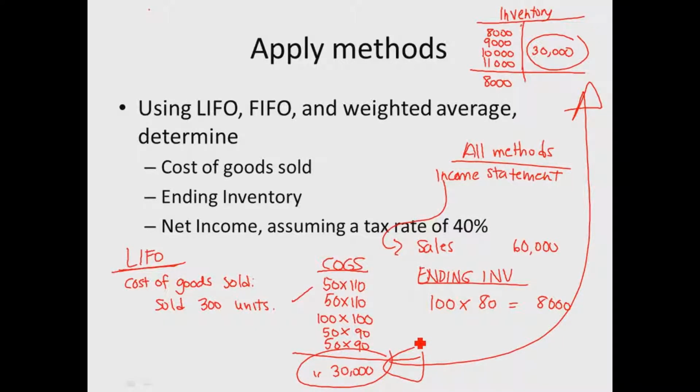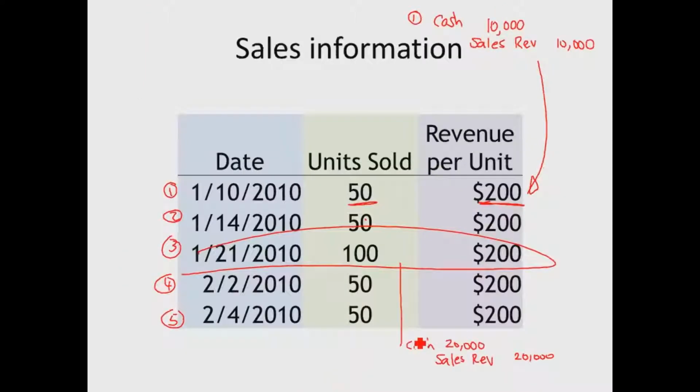Alternatively, because this is such a simple problem, we could just identify which ones were sold. They're not literally the ones that were sold. Obviously, it can't possibly be the case, because I'm telling you I made a sale on 110, and I'm pretending the ones that I sold are the ones that I bought in February. That's just not logically feasible.